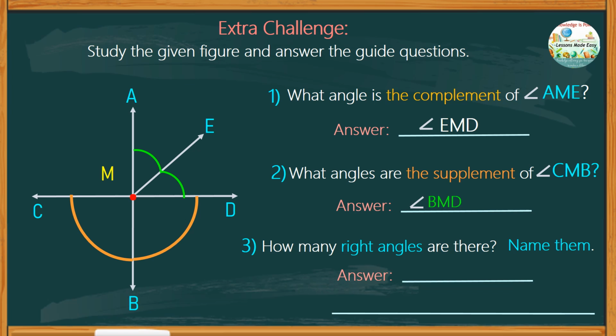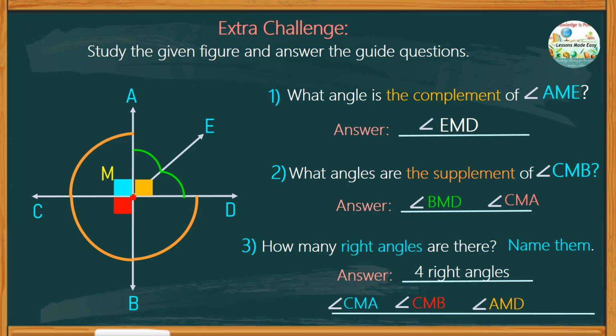In this vertical side, the supplement of angle CMB is angle CMA. Finally, how many right angles are there? The obvious answer is 4 right angles, and they are angles CMA, CMB, AMD, and DMB. And that's it.